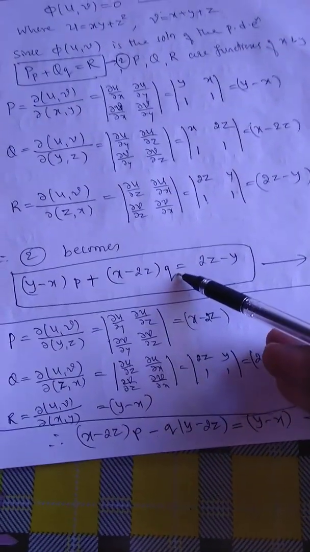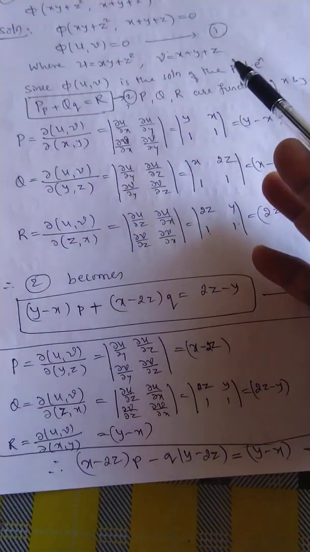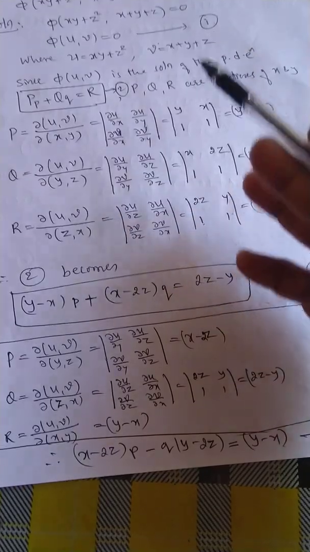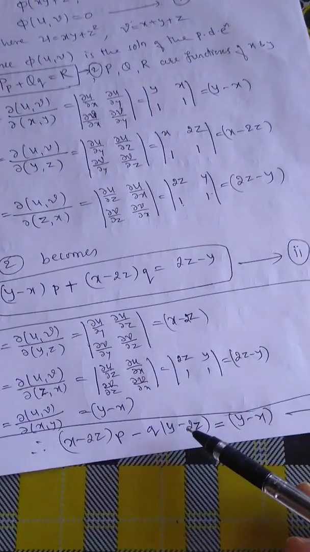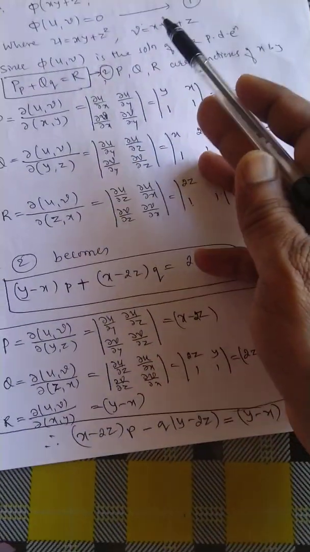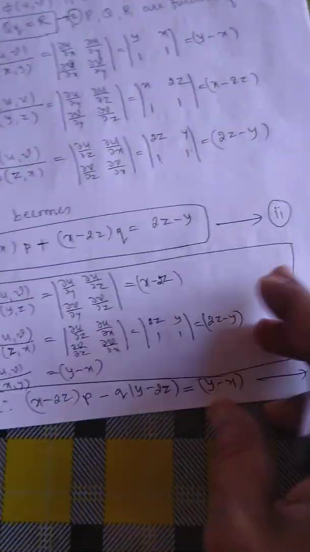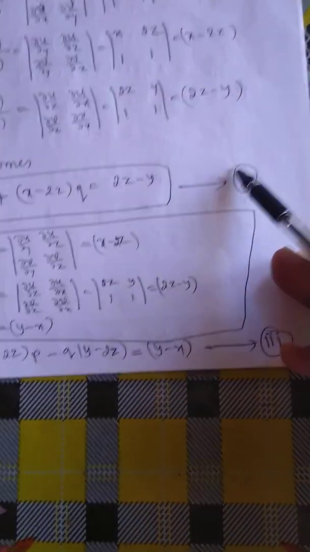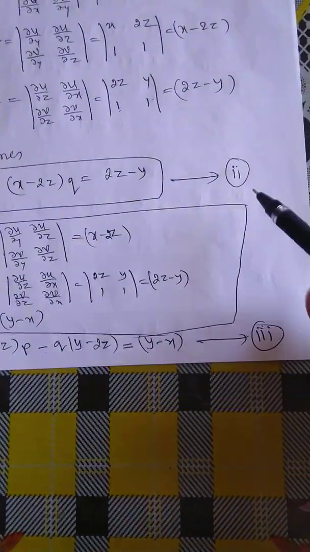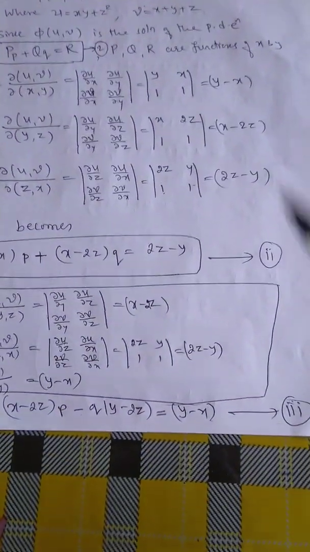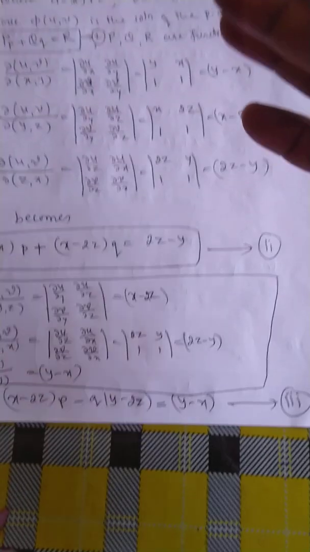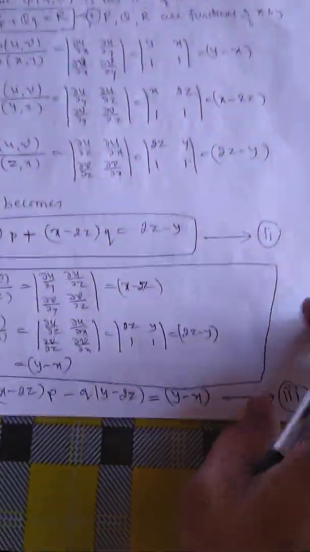This is also a partial differential equation of 1, and 1 is the solution of this, that is equation number 3. 2 and 3 are same. 2 is the differential equation of 1 and 1 is the solution of 2, and 3 is the differential equation of 1 and 1 is the solution of 3.